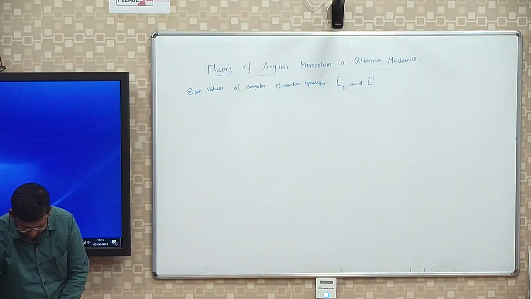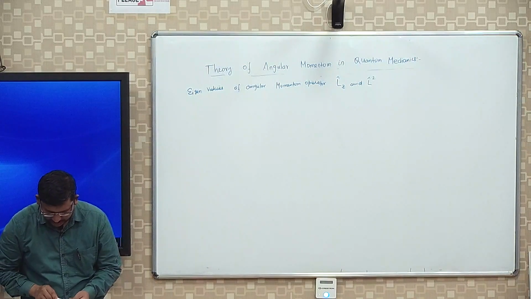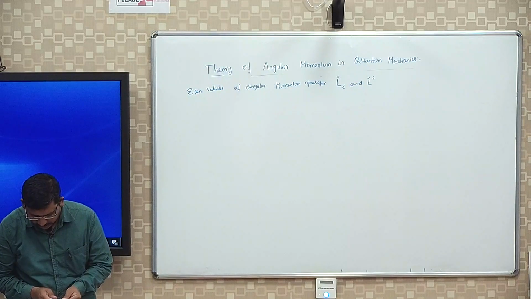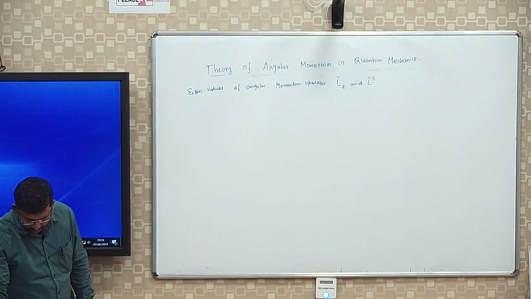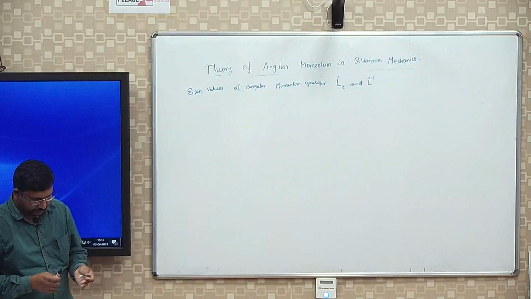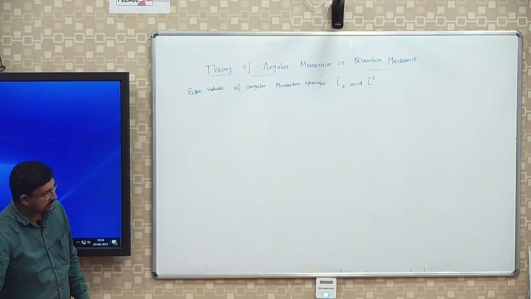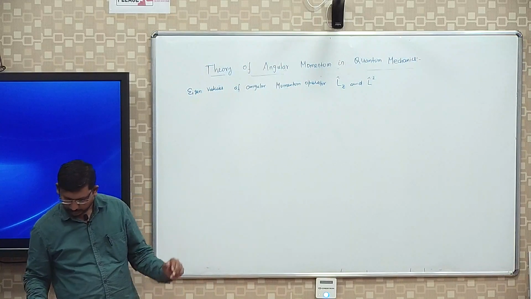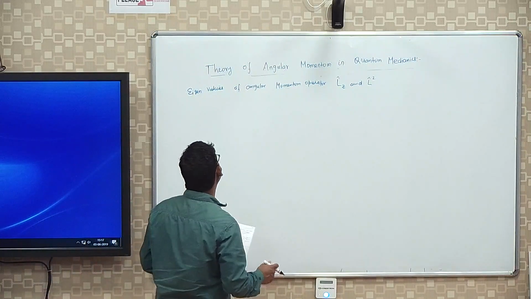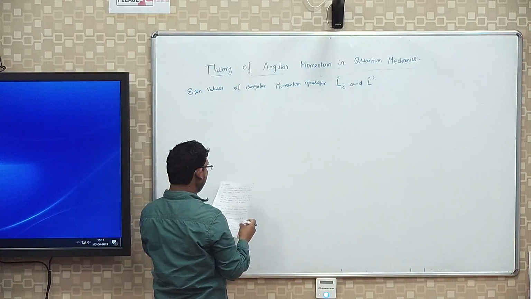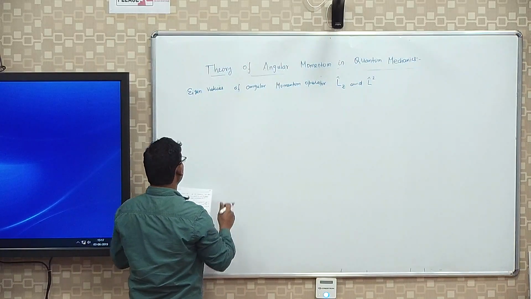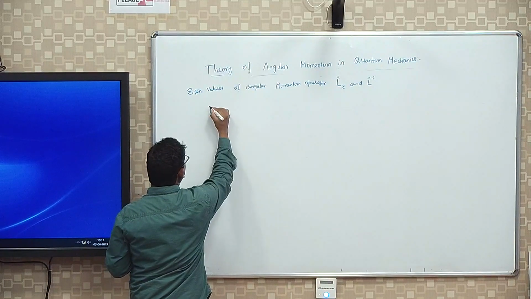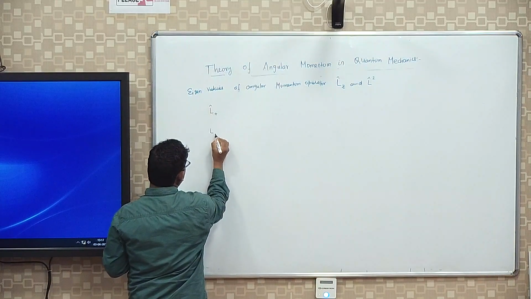For finding the eigenvalue or eigenvector of the total angular momentum L² and the angular momentum of a particular component, say for example Lz, we have to introduce two non-Hermitian operators. These non-Hermitian operators are called L plus and L minus.